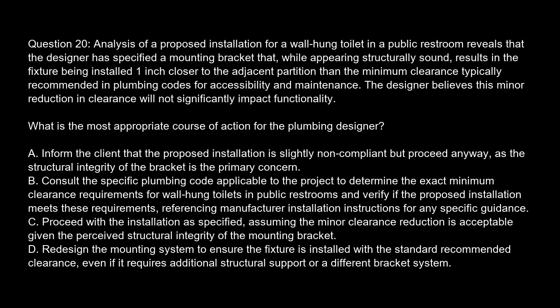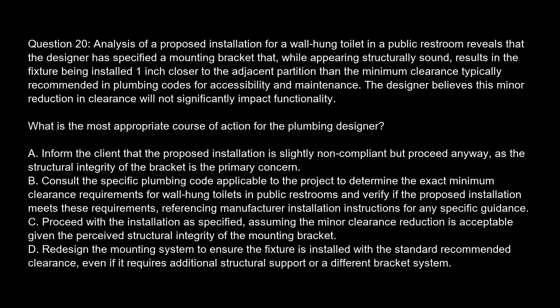Option A. Inform the client that the proposed installation is slightly non-compliant but proceed anyway, as the structural integrity of the bracket is the primary concern. Option B. Consult the specific plumbing code applicable to the project to determine the exact minimum clearance requirements for wall-hung toilets in public restrooms and verify if the proposed installation meets these requirements, referencing manufacturer installation instructions for any specific guidance.